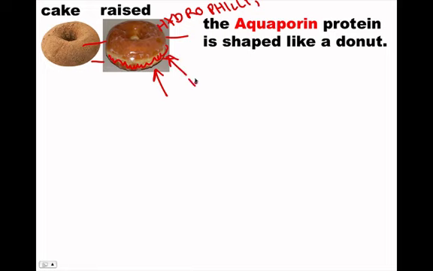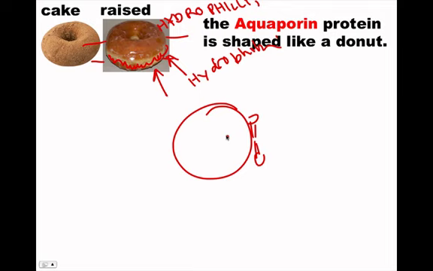That's hydrophobic amino acids because aquaporin is floating in a phospholipid bilayer, and this is that lighter region. It has like a belt of hydrophobic amino acids on it so that it can bob in the membrane.